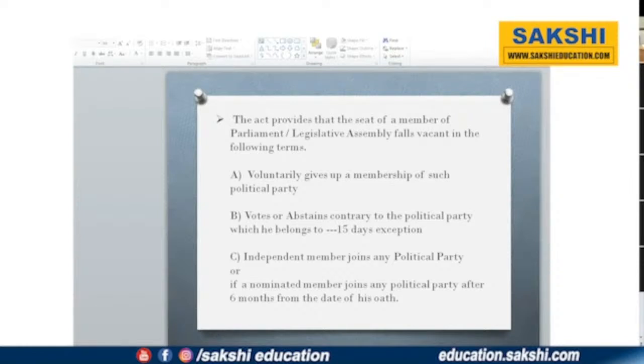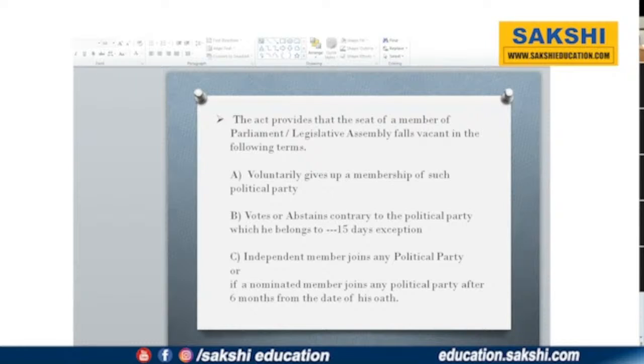The act provides that if any member of the parliament or a legislative assembly falls vacant in the following terms. That is, if a member has been elected from one political party and he has joined another political party, then his candidature in the central legislature or the state legislature will be forfeited.